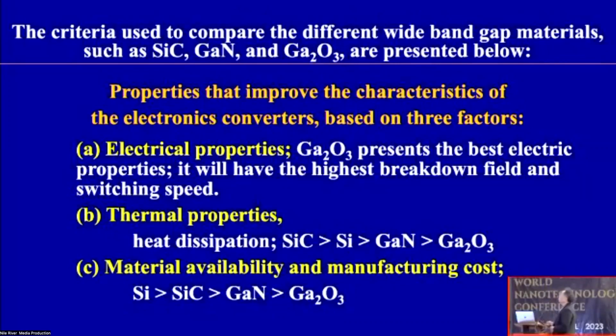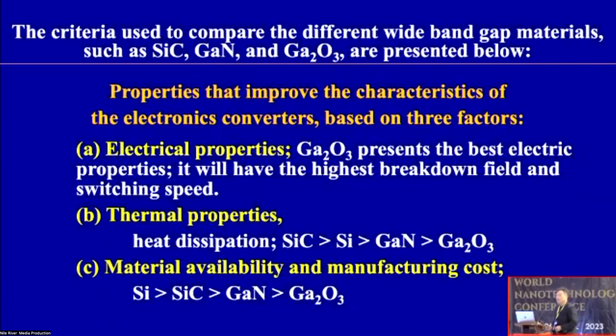And I'd like to discuss the criteria used to compare the different wide bandgap materials, such as silicon carbide, gallium nitride, and gallium oxide, with properties that improve the characteristics of the electronic converters based on three factors.